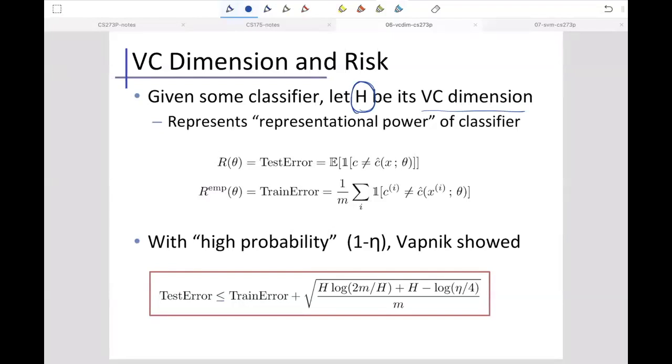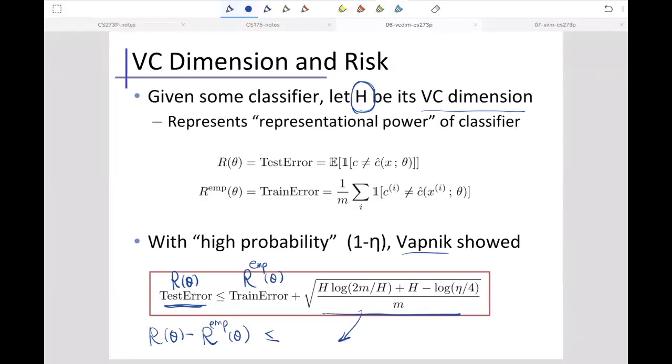If you know the H, which means you know the VC dimension of the class of models, then this mathematician proved that the difference between your test error and your empirical risk is going to be upper bounded by the empirical risk plus a constant number on the right-hand side. Essentially what it's saying is that the difference between the test risk and the empirical risk is going to be upper bounded by these numbers, and that's what this VC dimension tells us.